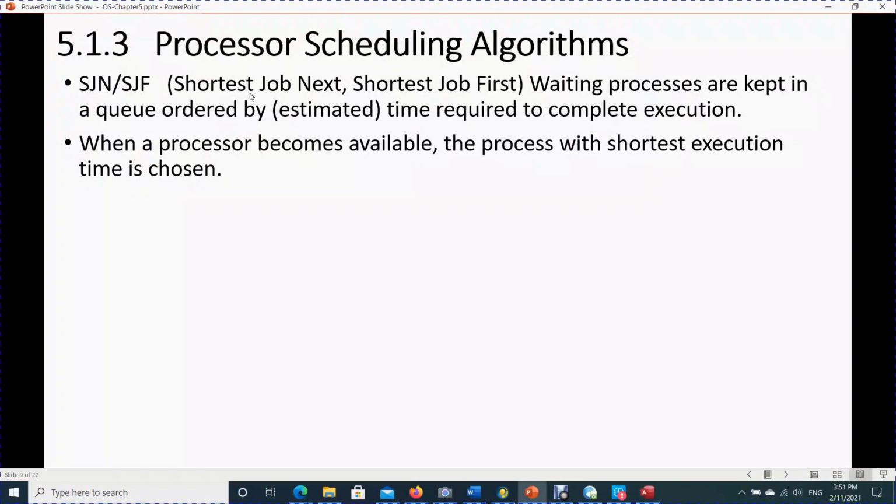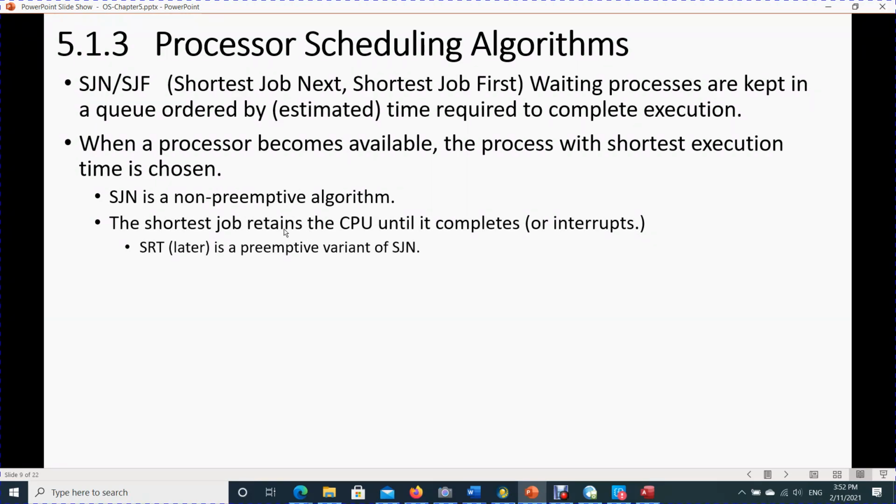With SJN, shortest job next, waiting processes are kept in a queue that's ordered by the time required to complete execution. When a processor becomes available, the process with the shortest remaining execution time is chosen. This is a non-preemptive algorithm.